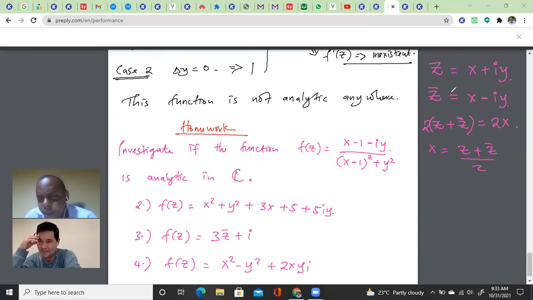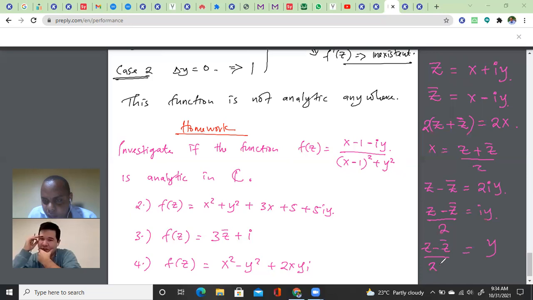And if you subtract them, z minus z bar equals iy minus negative iy, that's 2iy. And so iy is equal to z minus z bar divided by 2, and then y is equal to z minus z bar divided by 2i.